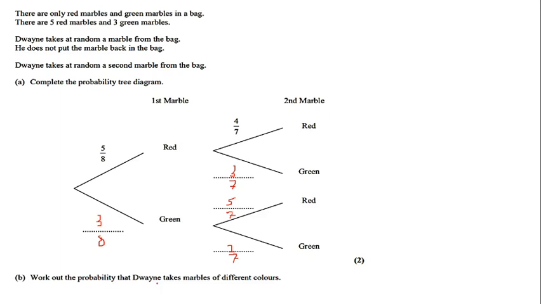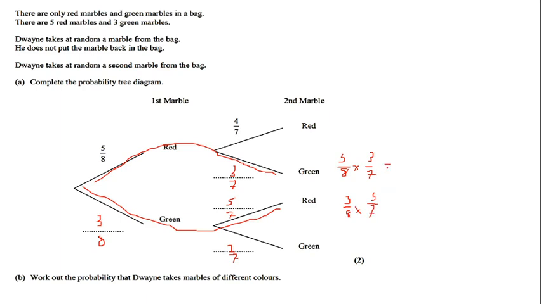So work out that Dwayne takes marbles of different colours. Well, in this case, it's this arm here, red then green, or green then red. And like I said before, you multiply along the arms, so 5 over 8 multiplied by 3 over 7, and here it's 3 over 8 multiplied by 5 over 7.